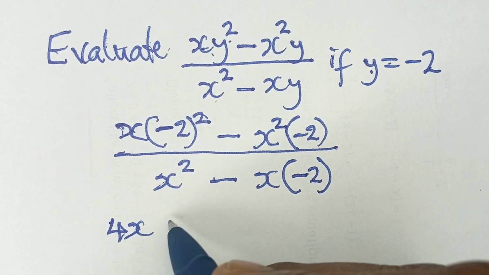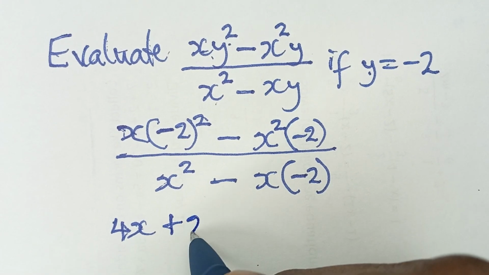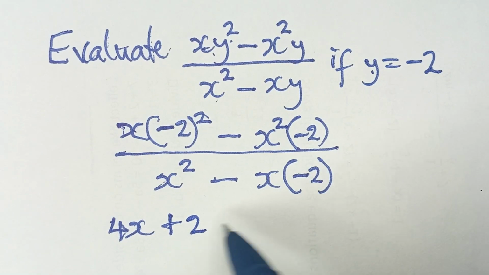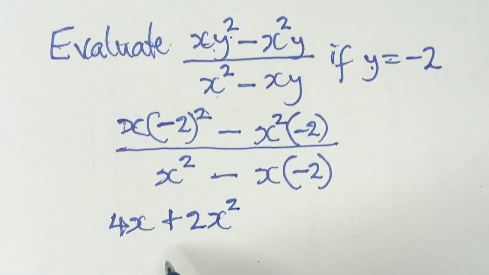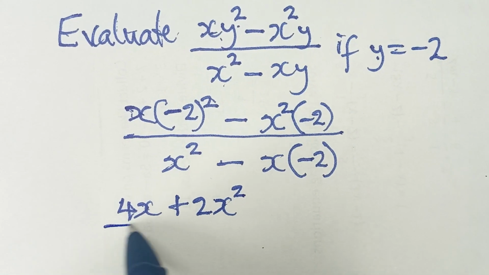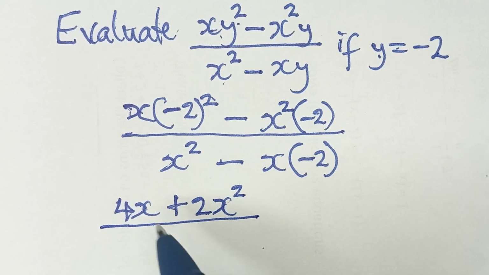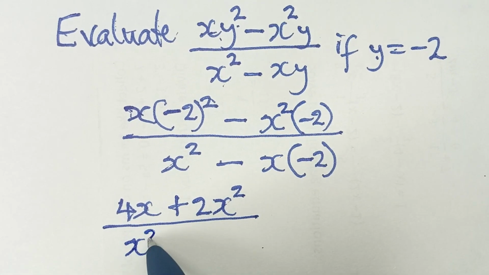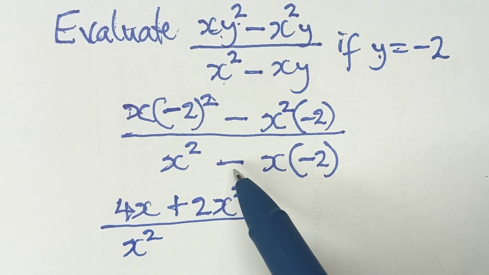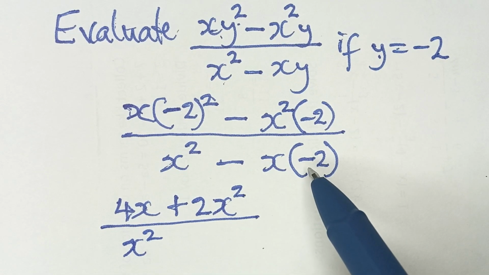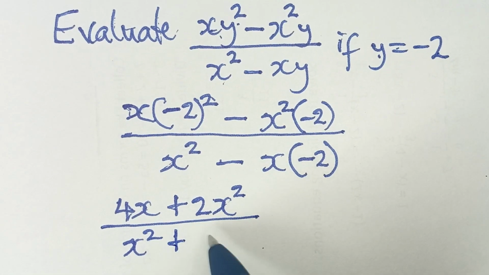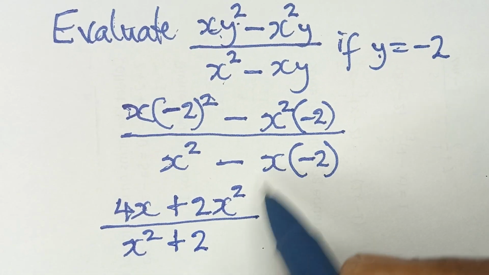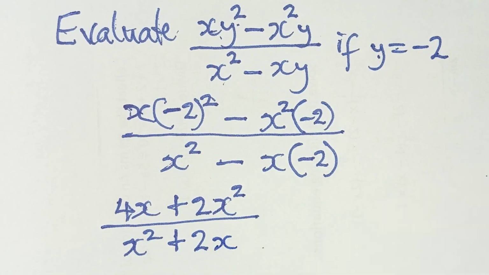So this changes to +2. And then we have the x squared there. Then everything divided by, we have x squared under here, that is this one. And then this negative multiplied by negative is going to give us a positive value. So that will give us +2, and then multiply by the value of x there.